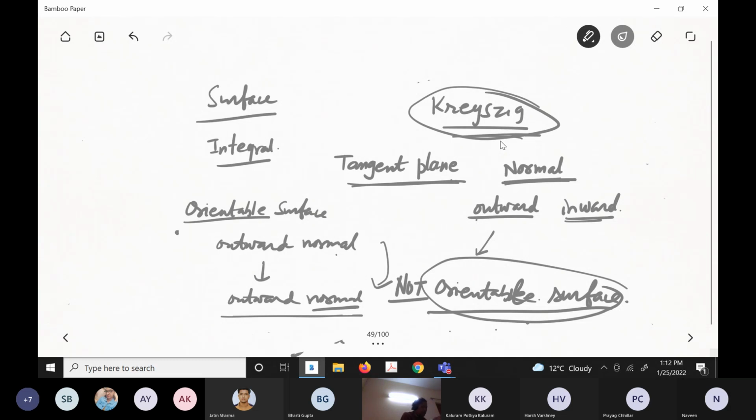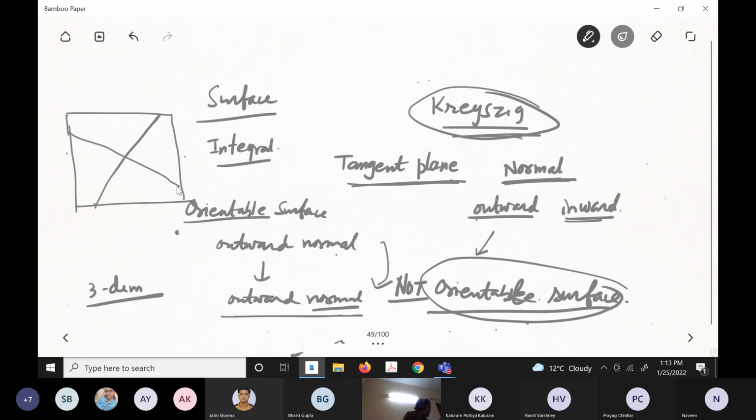Now look, it's a surface, so it is in 3 dimensions. I'm just finishing this. But if I twist it from here, like the torus, and if I twist between these two things, then what will I get?